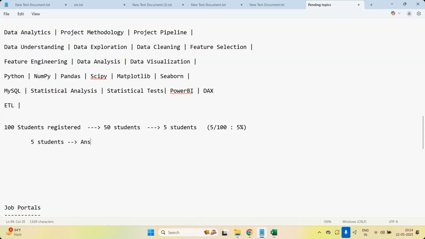But the remaining 95 students, if they get rejected, or don't get interview calls, or are not getting any job, and they come to me, simply I will say, I also don't know anything. Simply I will say like this.